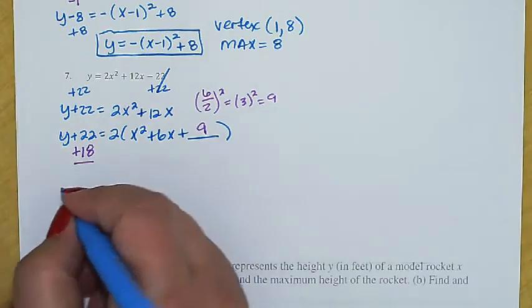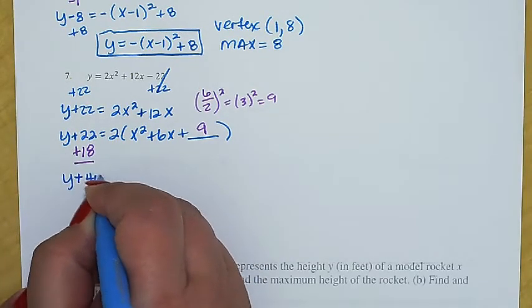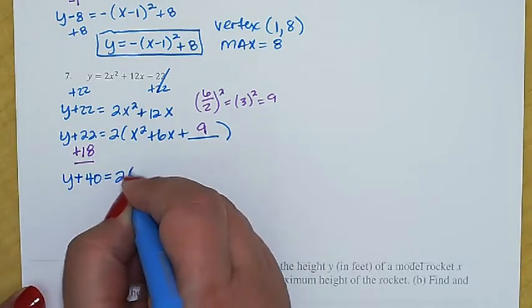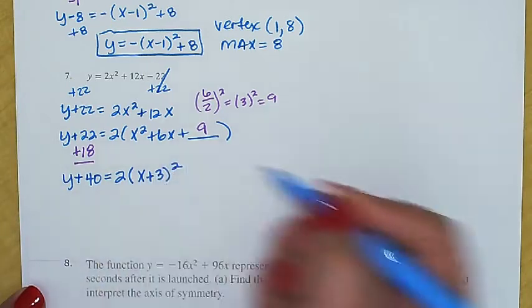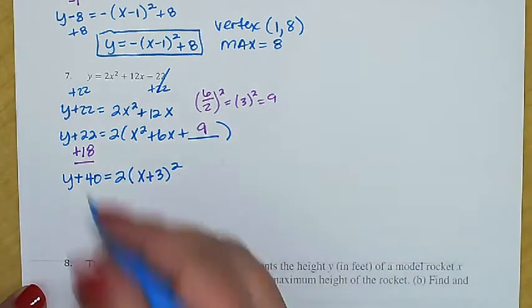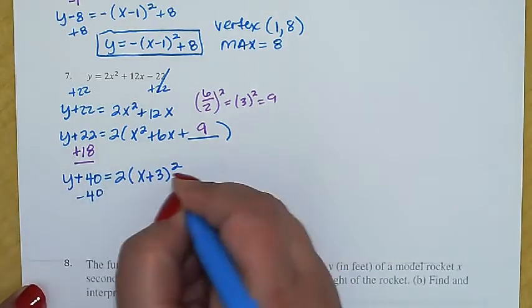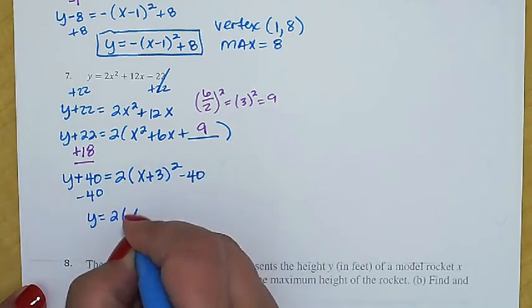Okay, so I've got y plus 40 now is equal to 2, and then in parentheses we'd have the power form of this, which would be (x plus 3) to the second, and then we would move that 40 back, and we would be done.